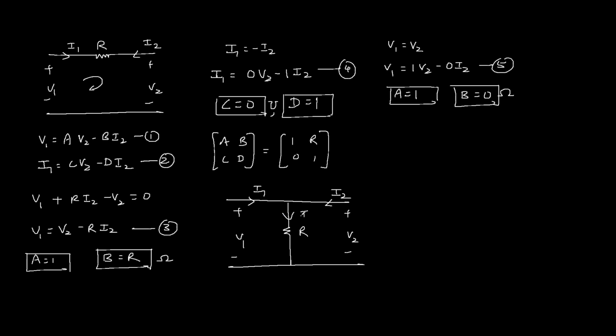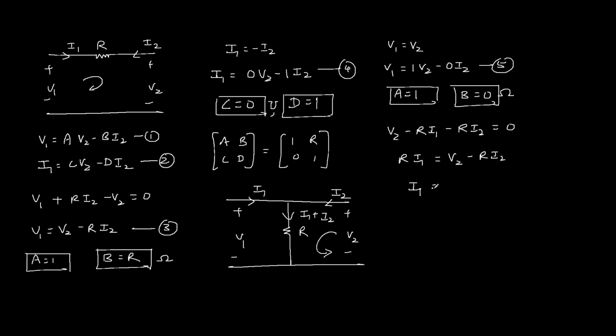Now the current through this resistance R is I1 plus I2. So apply KVL in this loop. Rise in voltage V2 and then drop across R is R I1 plus R I2 equal to 0. So R I1 is V2 minus R I2.